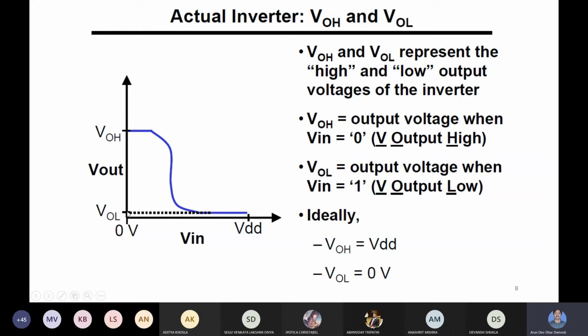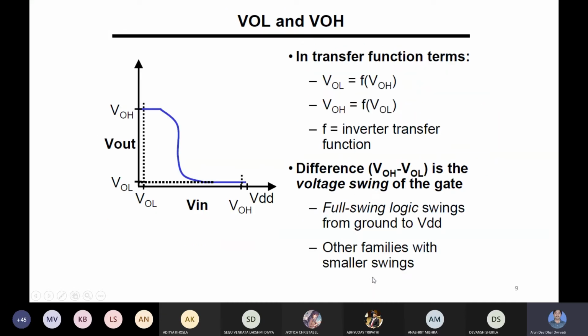And when the input is logic high, that is VDD, the maximum input equal to the maximum supply voltage of the circuit, then whatever output you are getting is called VOL. So this is the basic definition of VOH and VOL. In the case of the CMOS inverter, VOH comes exactly VDD, and VOL comes 0. So this is one important point.